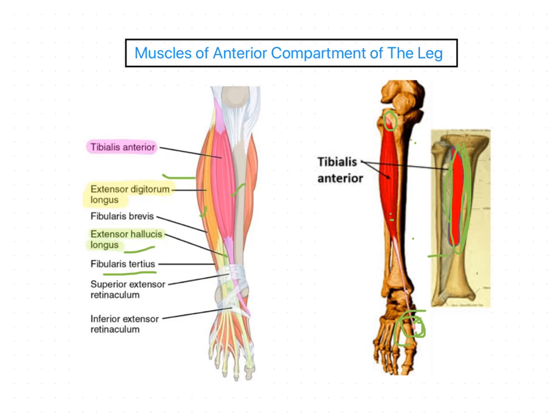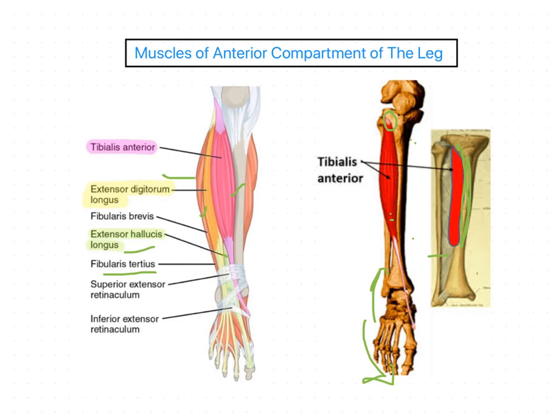If you see the nerve supply, it is supplied by the deep peroneal nerve, and if you see the action, it mainly helps in the dorsiflexion of the foot. So what is the action? Dorsiflexion of the foot, and also inverter of the foot.